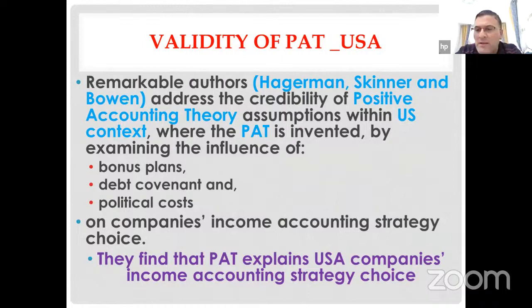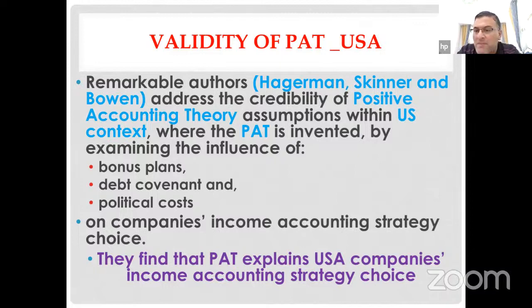After Watts and Zimmerman introduced their theory to the literature, a lot of remarkable authors, such as Hagerman, Skinner, and Bowen, addressed the credibility of positive theory assumptions within the US context, where the theory was invented, by examining the influence of bonus plans, debt covenants, and political costs on companies' income accounting strategy choice.